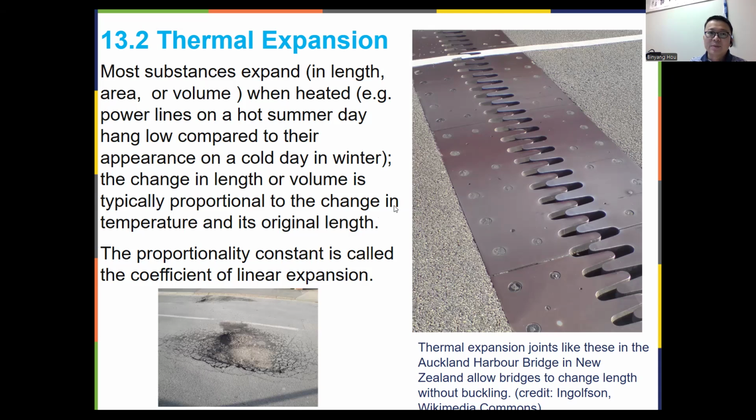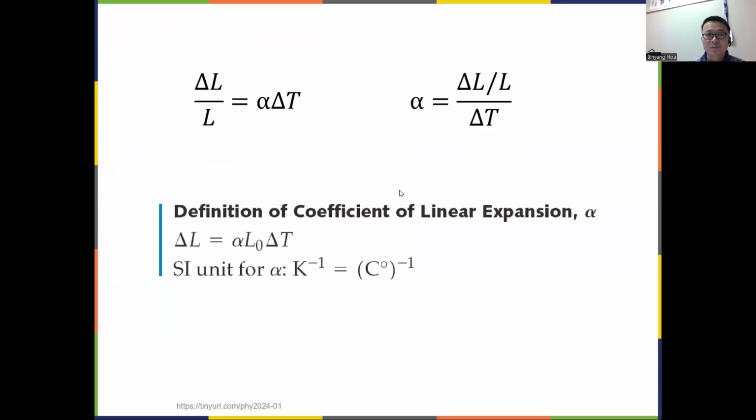So mathematically, we'll write this. Delta L stands for the expansion of the material in length, and L is the length of the material originally, or L naught, either way. That should be equal to a constant called alpha times the change in temperature, delta T. Alpha is a constant of expansion for materials.